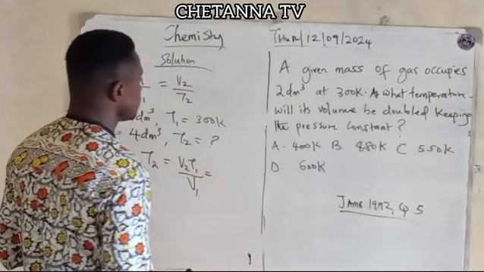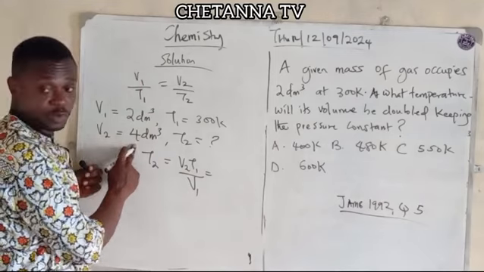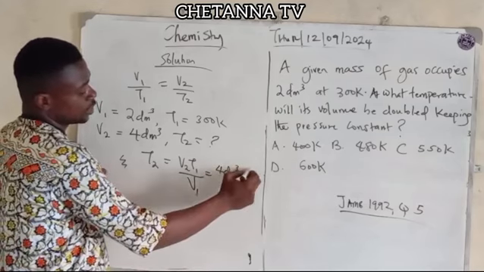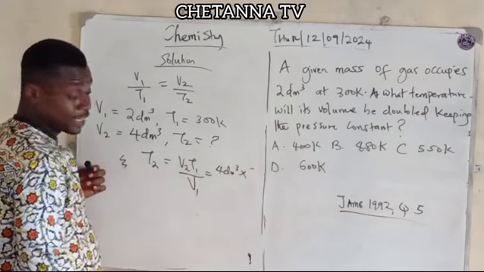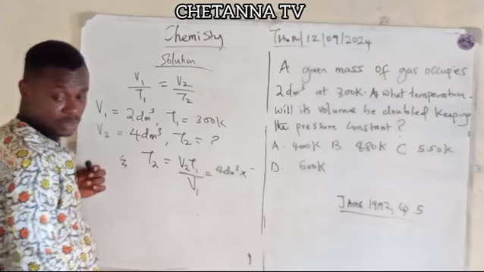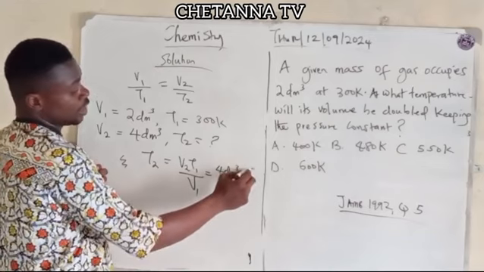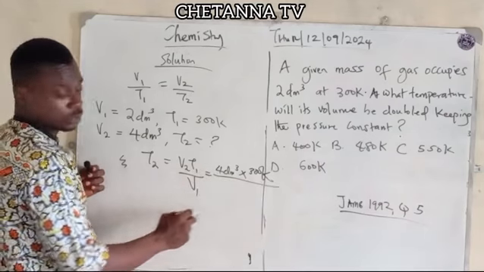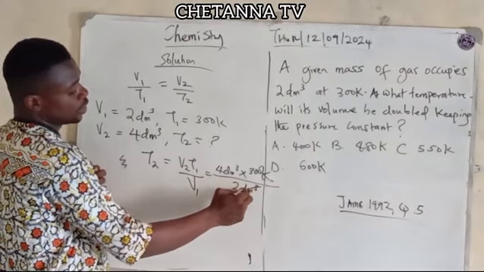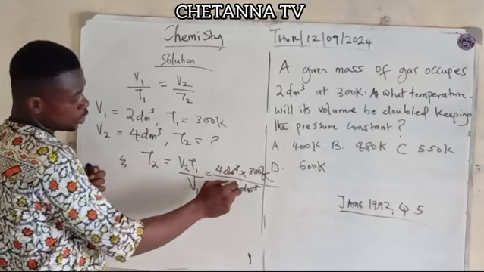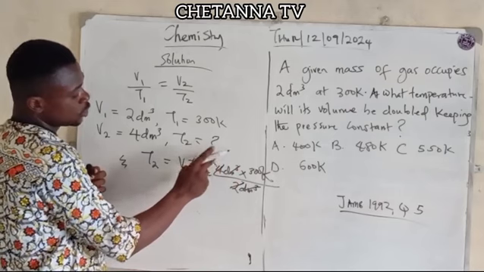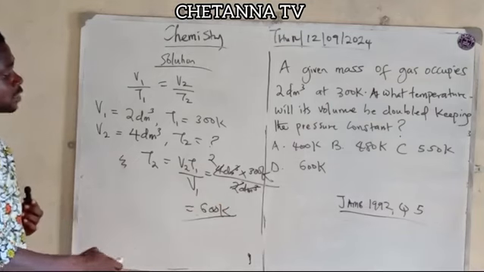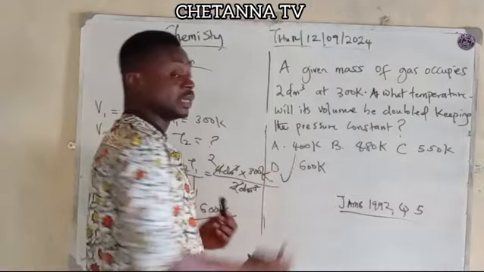V2 is 4 dm³, so 4 dm³ times T1, which is 300 Kelvin, all over V1, which is 2 dm³. dm³ will cancel dm³. 2 will divide 4 to give you 2. 2 times 300 Kelvin is 600 Kelvin. So the answer is D. Is it clear?